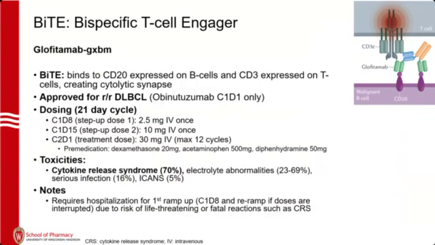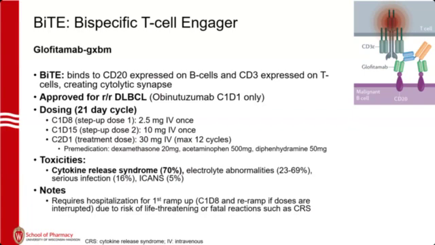Moving quickly, glofitamab is a bispecific that is targeted towards CD20. So we're bringing in the bispecifics now for CD20. This is approved in the relapsed refractory setting for diffuse large B-cell lymphoma, technically in combination with obinutuzumab, though the obinutuzumab is really kind of a run-in, where obinutuzumab is given as a single agent on cycle 1, day 1, and then the rest of the dosing is just glofitamab going forward, as you can see on the slide here.